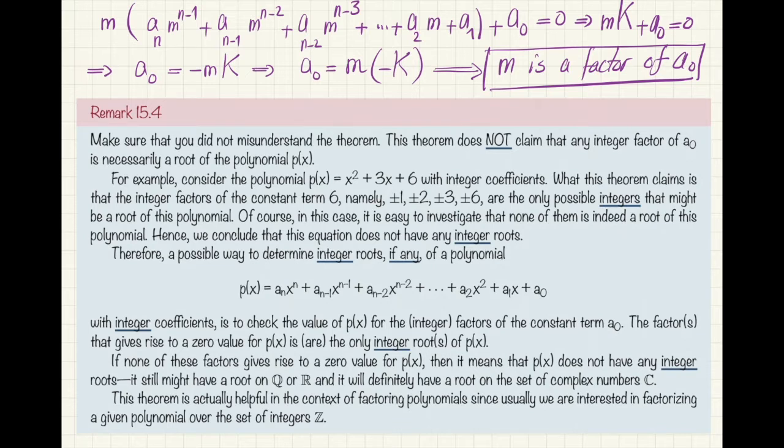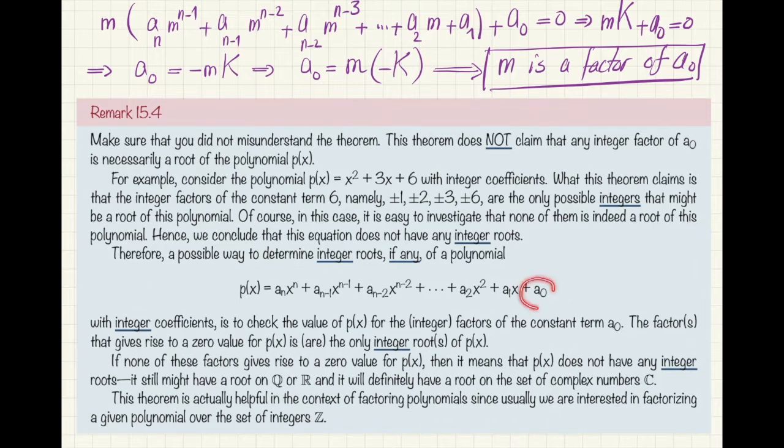This theorem is actually very helpful in factoring polynomials, because if you remember, I told you that by default, we try to factorize a polynomial on the set of integers. So this is why this theorem is helpful, because we are dealing with integer factors here. Hopefully now you learned what is going on. We more or less don't need that extra piece of information provided by the problem itself.